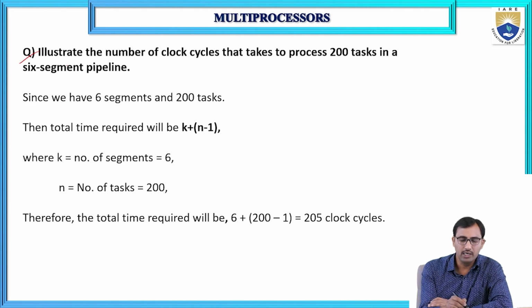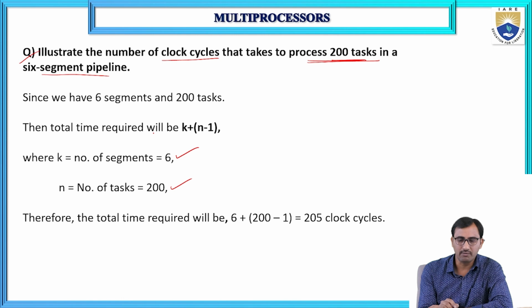Then, illustrate the number of clock cycles taken to process 200 tasks in a six-segment pipeline. Here we are using a six-segment pipeline, and we need to process 200 tasks, so we need to calculate the number of clock cycles required. Since it is a six-segment pipeline, k is equal to 6 and the number of tasks n is equal to 200.